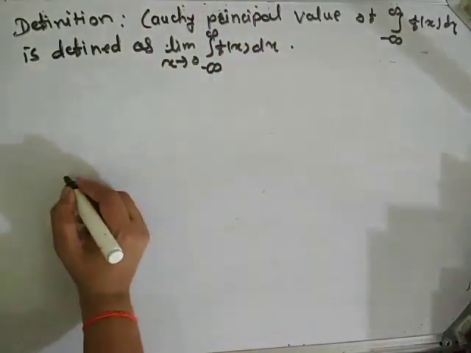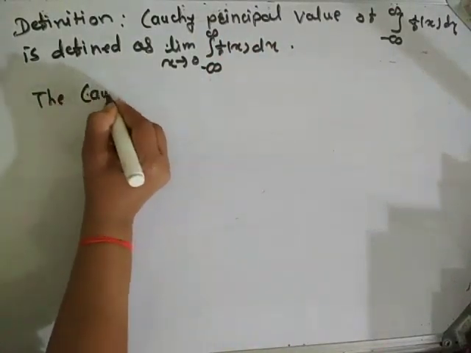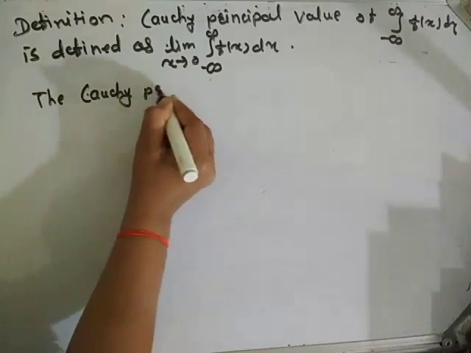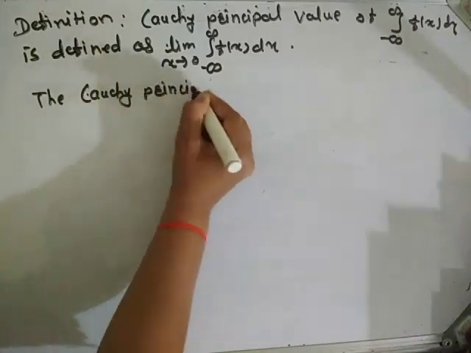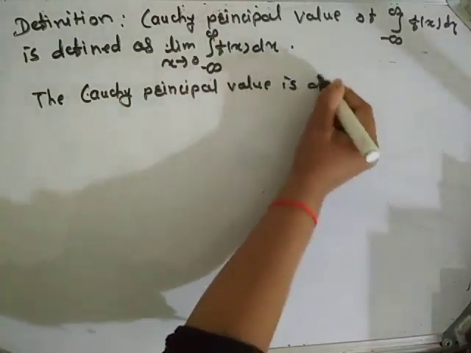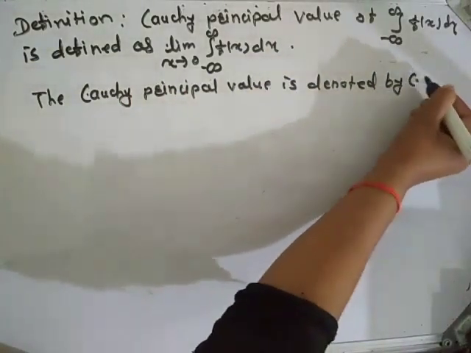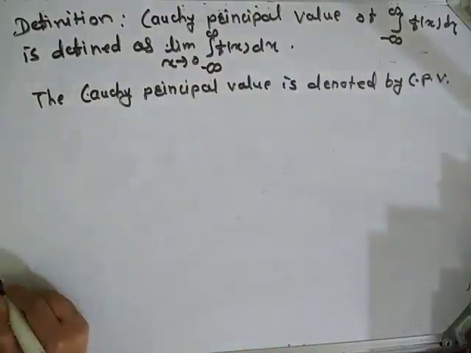Okay, the Cauchy principal value is denoted by CPV.